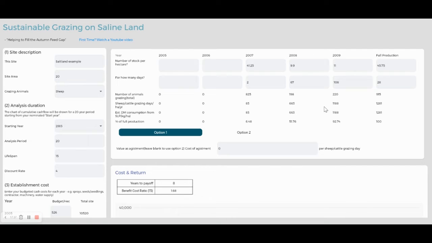So now we've entered the expected productivity, and if you're doing this analysis like we are, to calculate the result after you've entered the actual grazing, as I mentioned at the beginning, there's a couple of different options in the tool about how that grazing is going to be valued, and the grazing is valued as the alternative that the saltland pasture will substitute for.